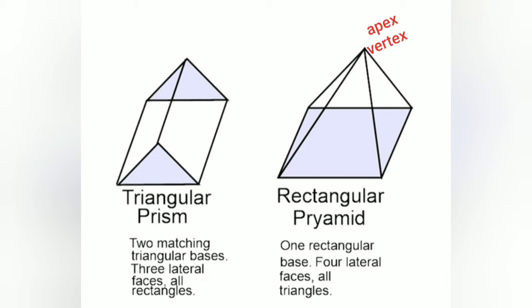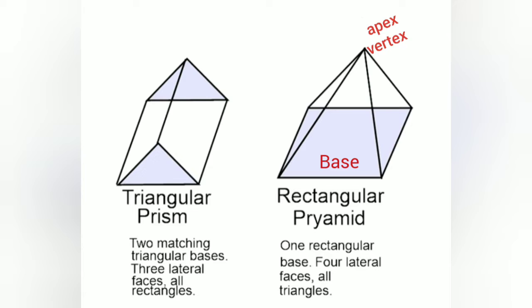So here we have the difference between a prism and a pyramid. Prisms and pyramids are three-dimensional shapes, and they're made up of polygons. Everything's going to be a polygon. Now, the difference between the prism and the pyramid is that the prism has 2 bases, and the pyramid only has 1 base.